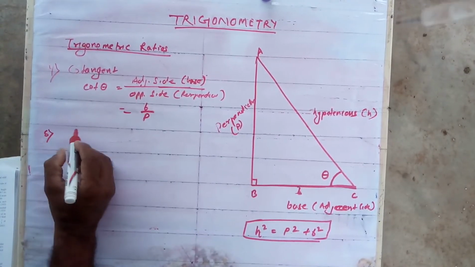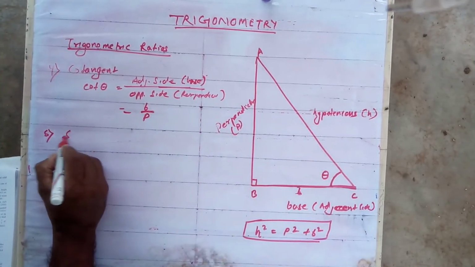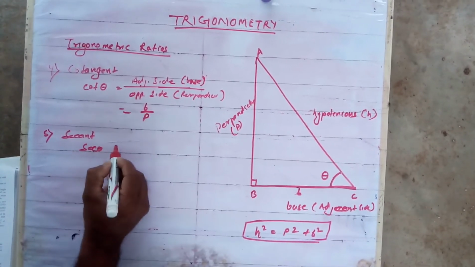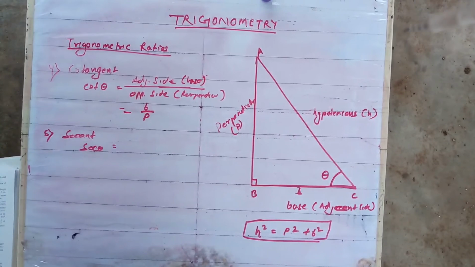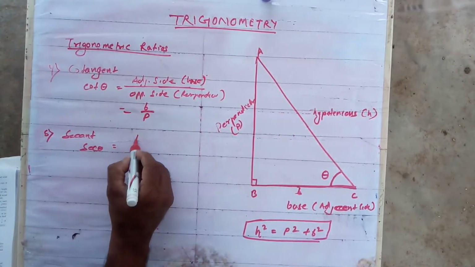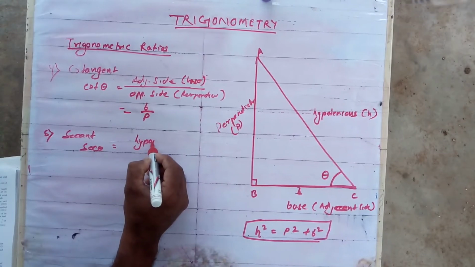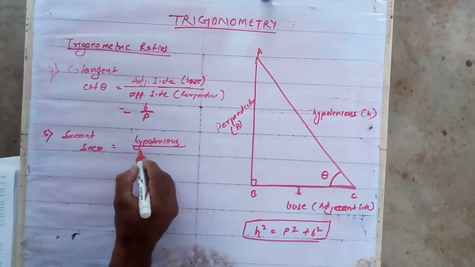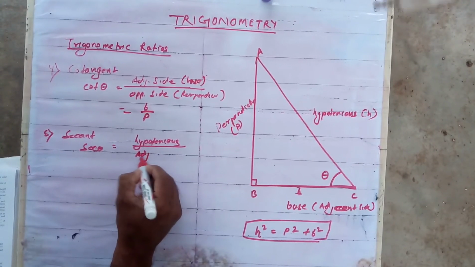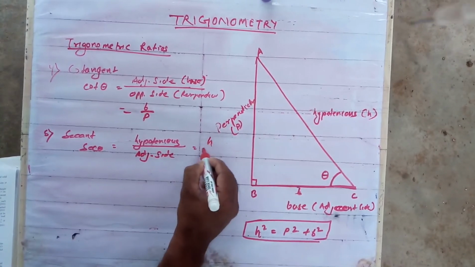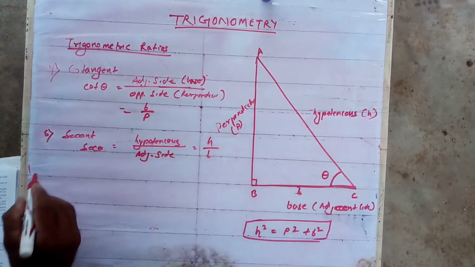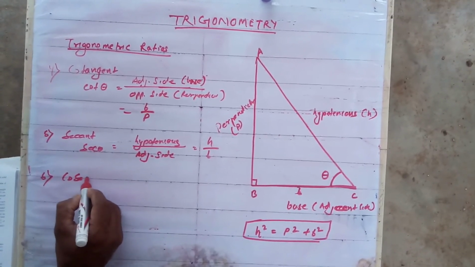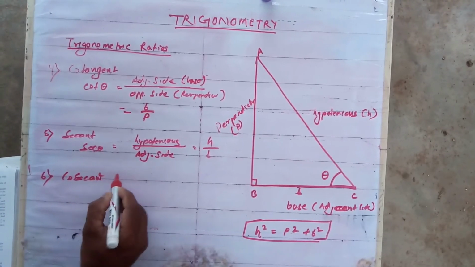Fifth one, secant theta, or sec theta we call it. The shortcut sec, three letters only you take. That is hypotenuse by adjacent side, that is H by B. Sixth one is cosecant, that is cosec.